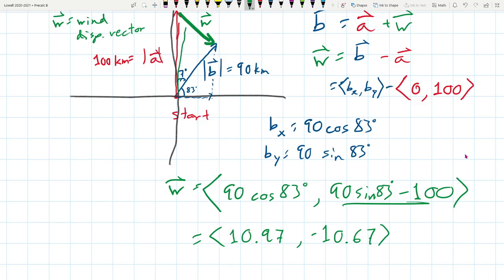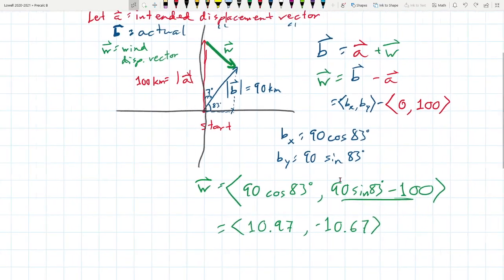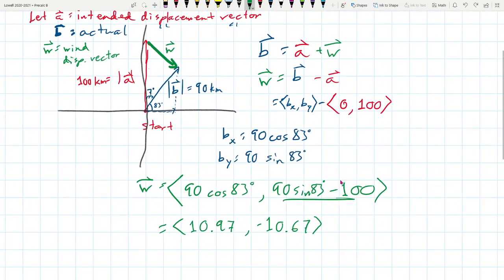Okay. But anyway, so that's how far the plane was pushed. So what we can say is that if I was to draw this picture out, this distance right here is about 10.97, so about 11 kilometers, and then this distance from here to here is about 10.7 kilometers.